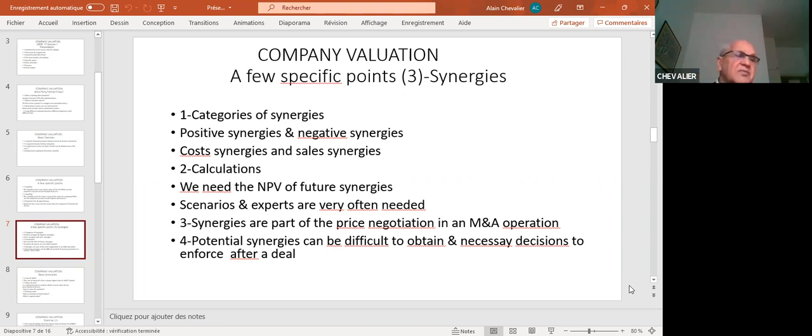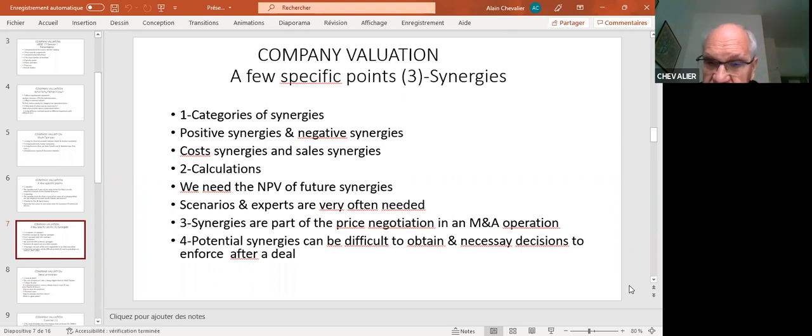It means you have made the calculation, you have used an expert, you have taken into account the synergies impact in the valuation, and you have negotiated with the seller, or if you have a bidder, the percentage of the synergy, or the value of the synergy you will accept to pay. And you agree on that.